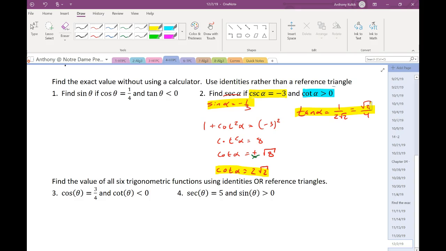Okay. So now I want to find an identity that relates sine, cosecant, cotangent, tangent, 2 of those to either sine or secant. Seems to me like I can say that, let's say cotangent is equal to cosine over sine.